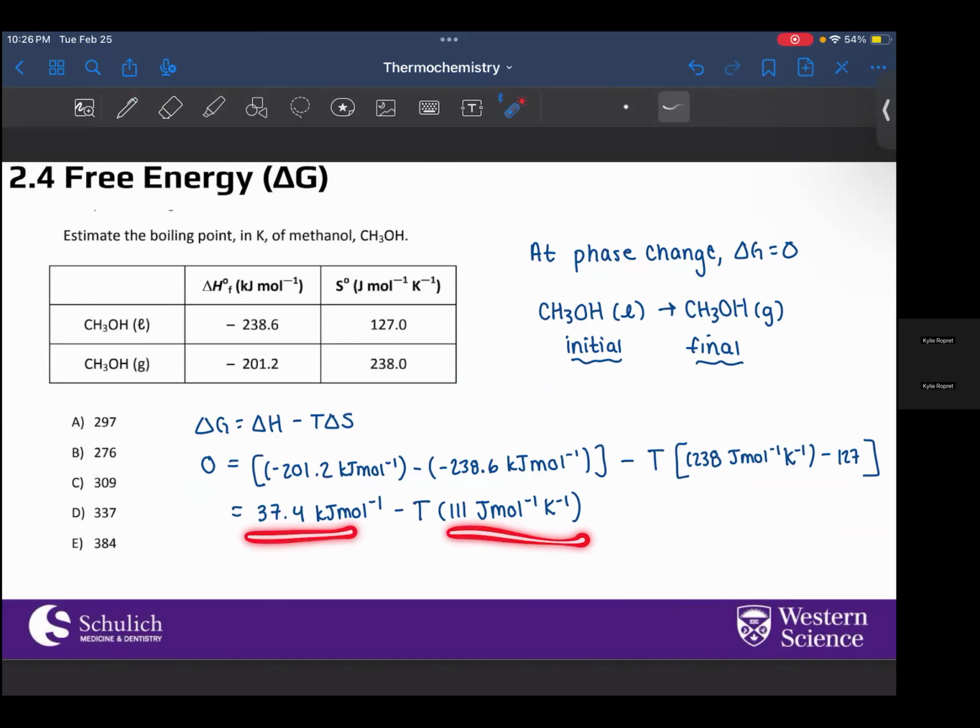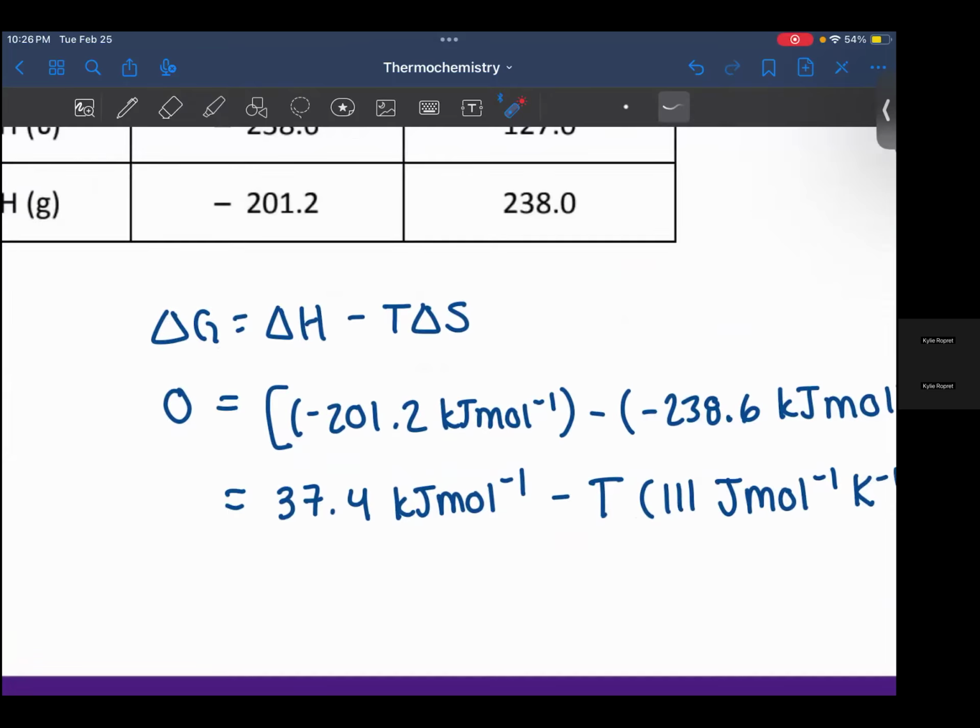Okay, and then this is the thing I was talking about before. Enthalpy and entropy have different units. So we're going to want to make sure that we convert, make them equivalent. So I think it's just easier to convert this to joules by multiplying by 1,000.